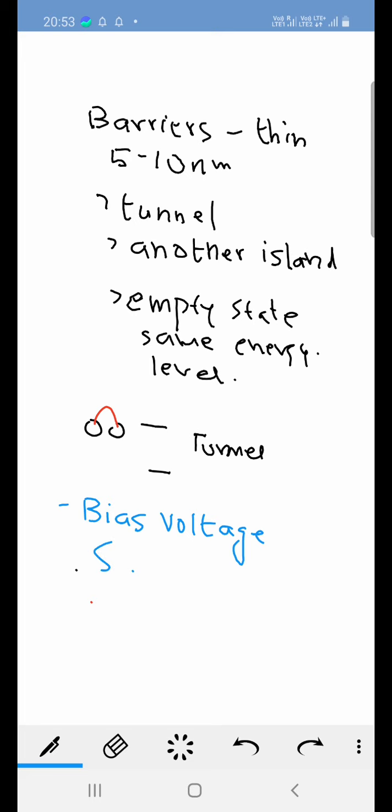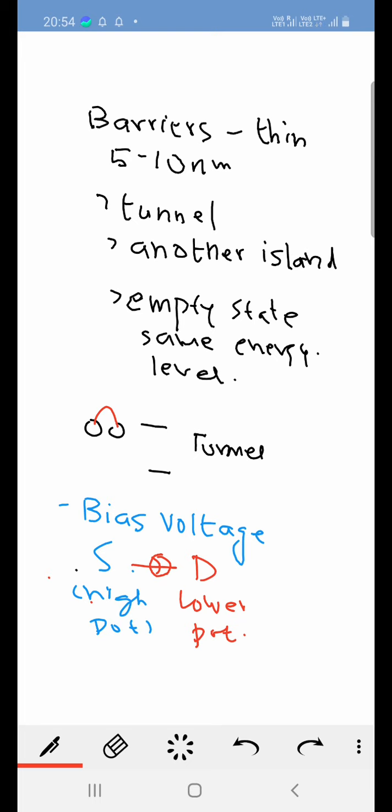So the source is at higher potential, and when we apply a voltage, the electrons may move from the source to the drain, which is at lower potential, lower energy. And this movement from source to drain is through the island region, so we have an island present in between the source and the drain.